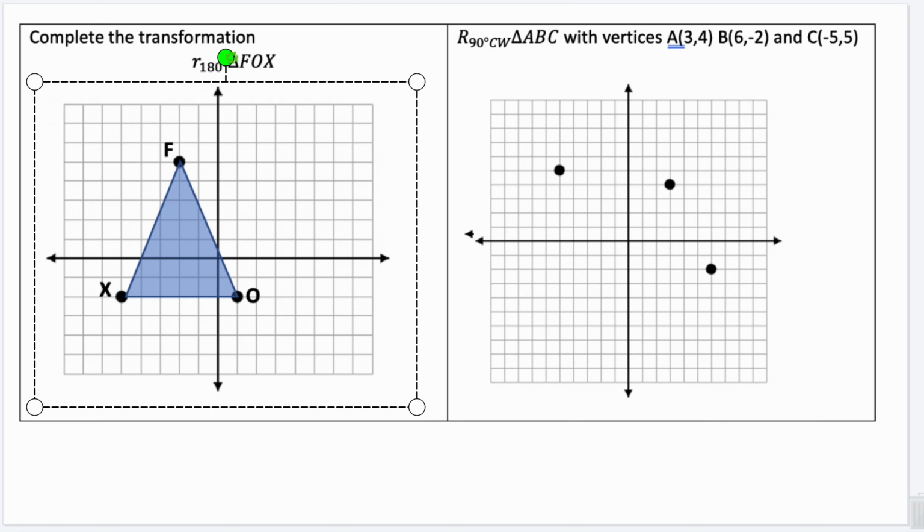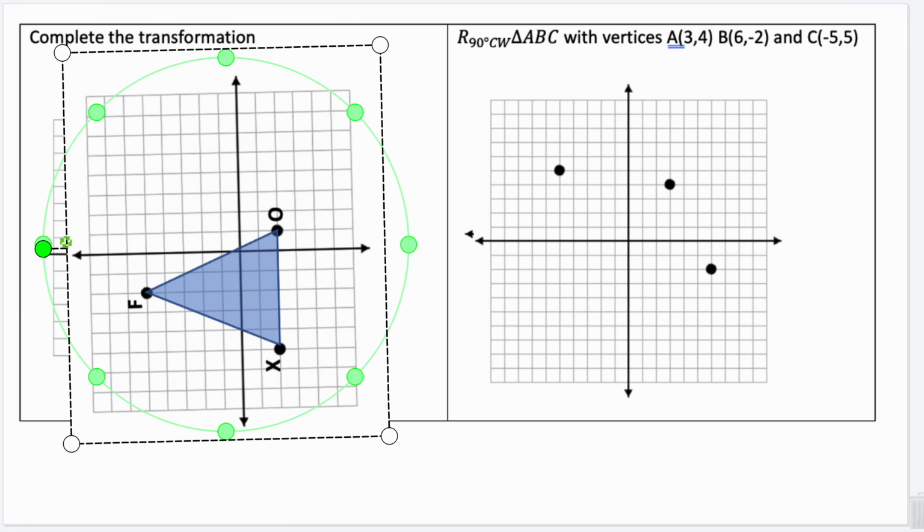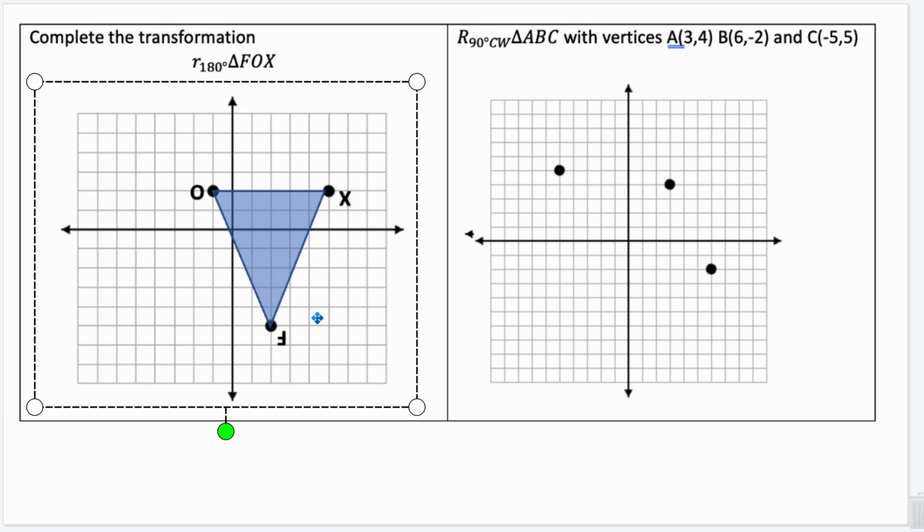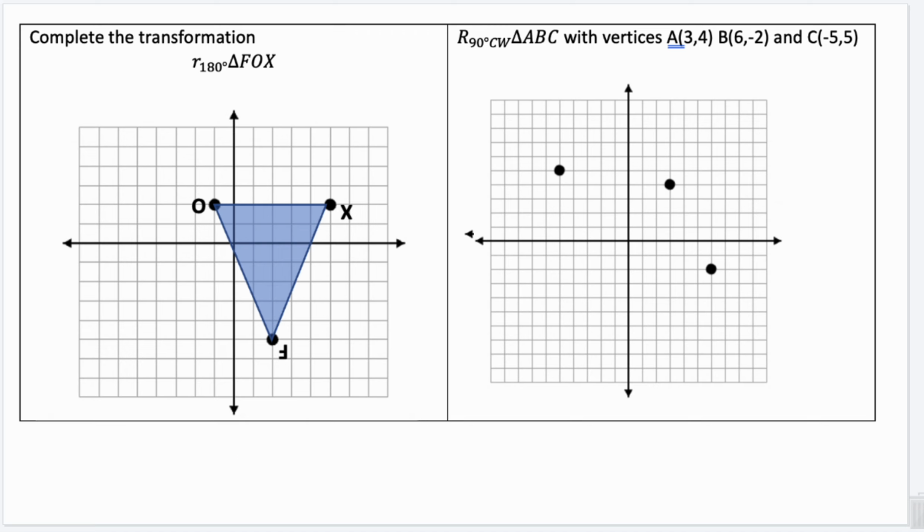I'm just going to take my paper and rotate it 180 degrees to the left, and then jot down what these new points are. Well, F prime is now going to be at 2, negative 5. O prime is now going to be at negative 1, positive 2. And then X prime is going to be at 5, 2.